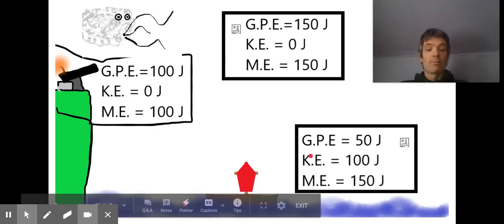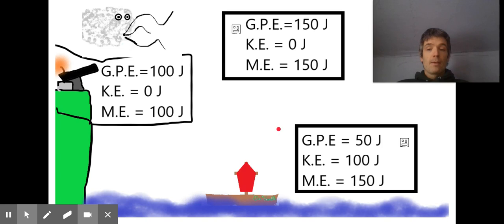And hopefully he'll have enough energy in his body to swim back to his boat. So just to recap, the mechanical energy starts at a certain value, but then gets increased because the gunpowder gives him more mechanical energy. And it gets converted from kinetic to gravitational potential energy, and then back from gravitational to kinetic.